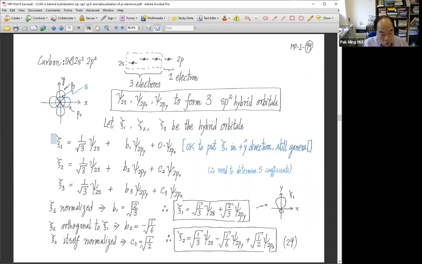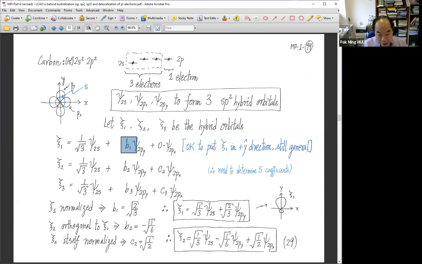So now I enforce that this should be normalized. That's the first thing. That's easy. Immediately I know 1/3 plus b1 squared is 1, okay? Thereby I solve b1 to be √2/3. So 1 is down. Then I go on to solve for the remaining ones, for example, B2 and C2.